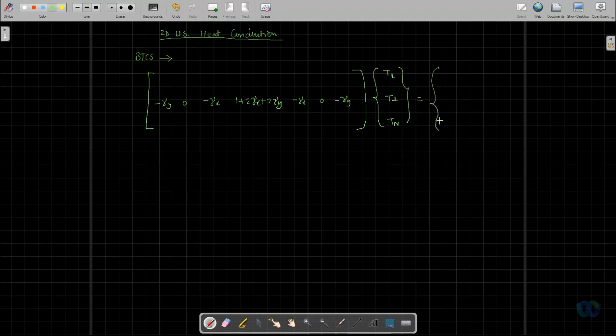By doing this, we may save memory in a computer. A 2D array may take more space than a 1D array. So this is the equation, and we say this matrix is a sparse matrix. Okay, it is also pentadiagonal.